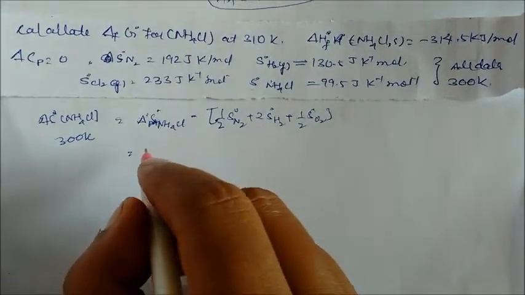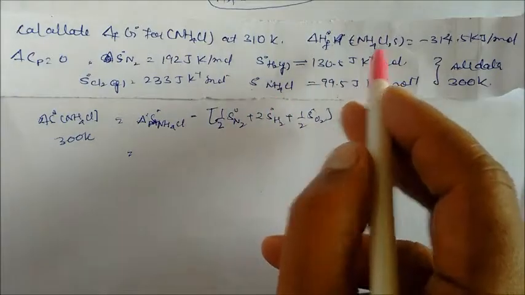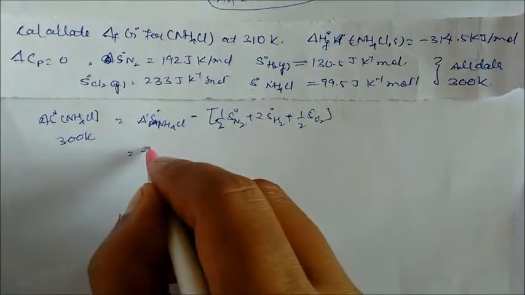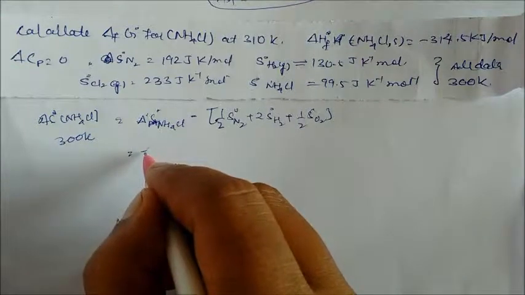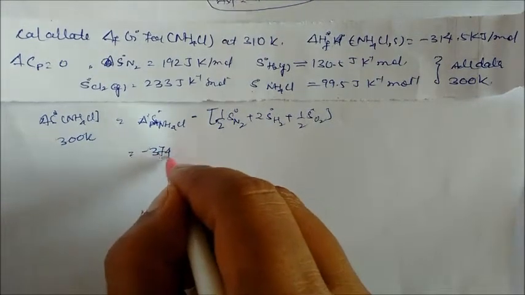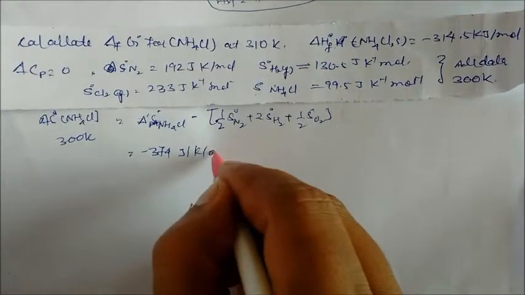On solving, everything is given here, minus 314. So if you write minus 314, on solving you will get the answer minus 374 joule per Kelvin per mole.